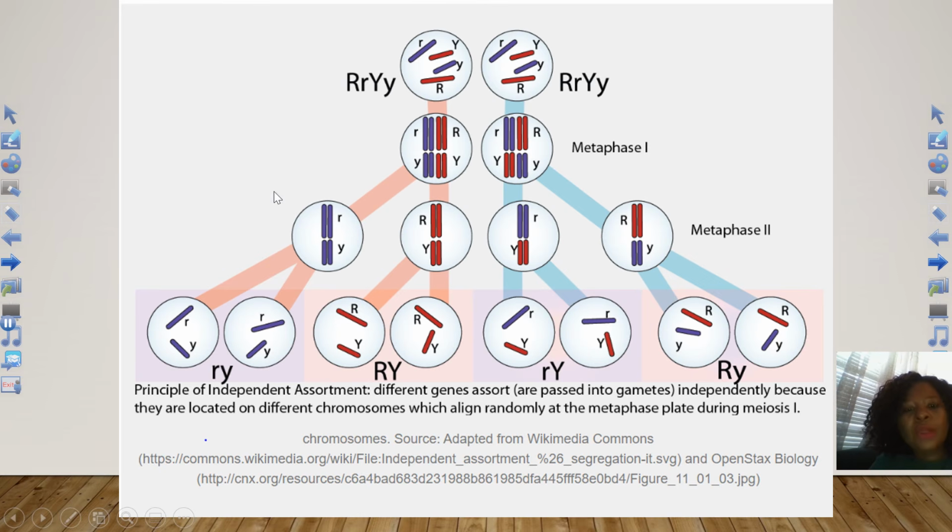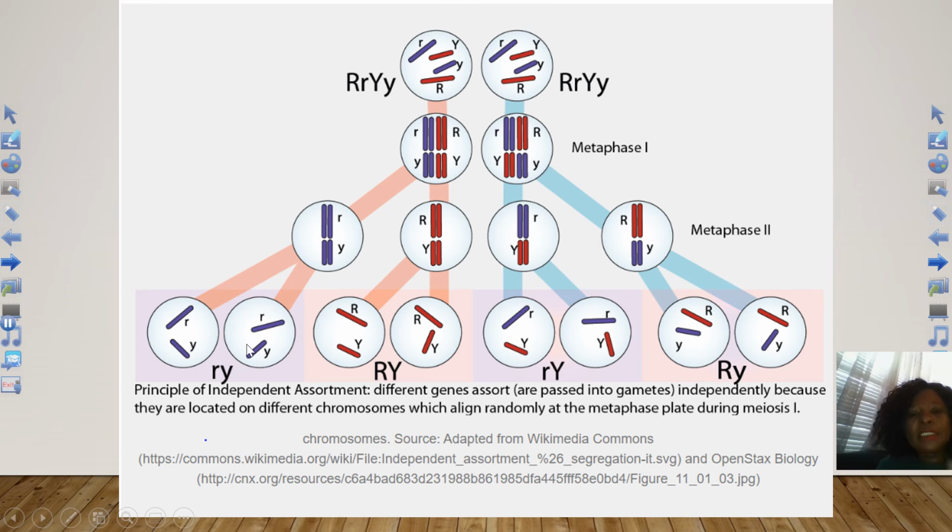And that is how they will look at the beginning of metaphase 2. So here, this is how they were arranged, and this is how they look in the gamete. The way they were arranged at metaphase 1, they stay like that until the gametes are produced. So all the blue ones with the small r and the small y will form the two gametes there. Same thing here.